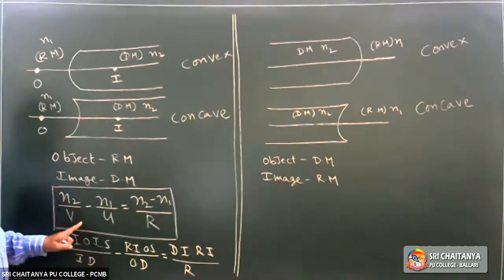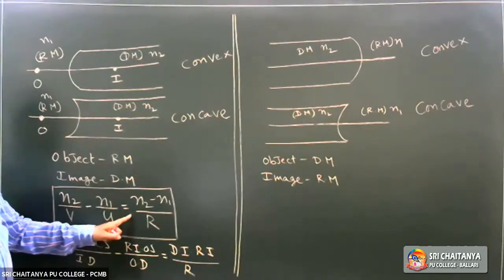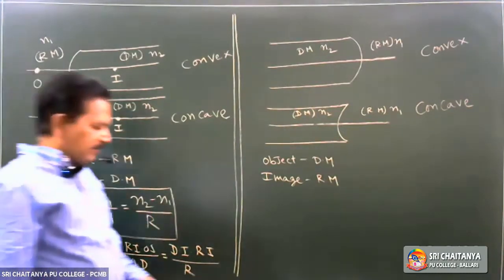That is N2 by V minus N1 by U is equal to N2 minus N1 divided by R.